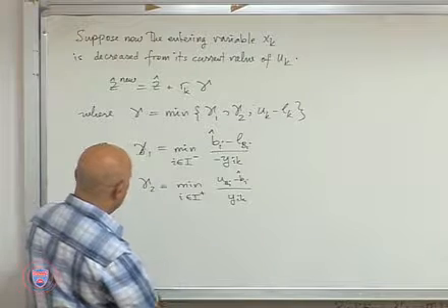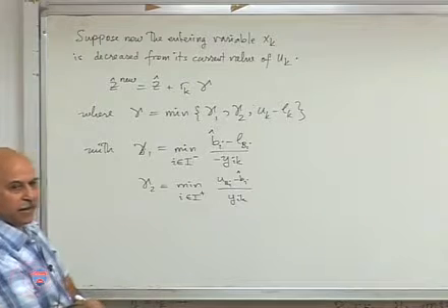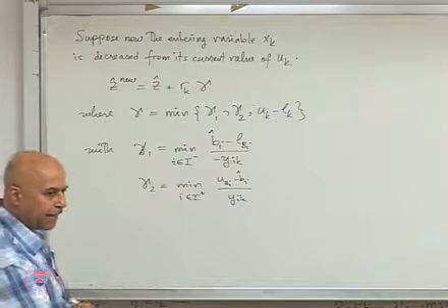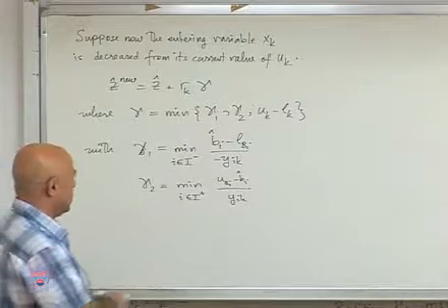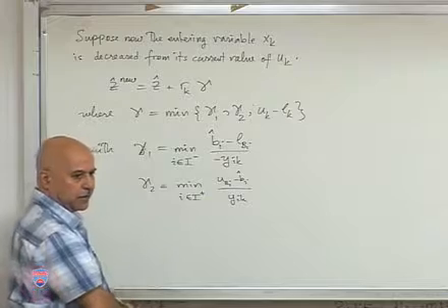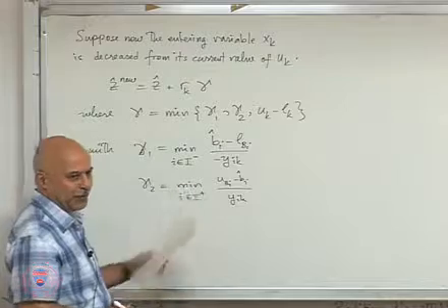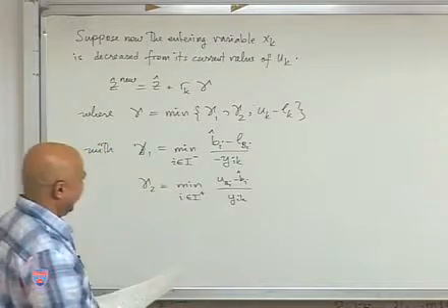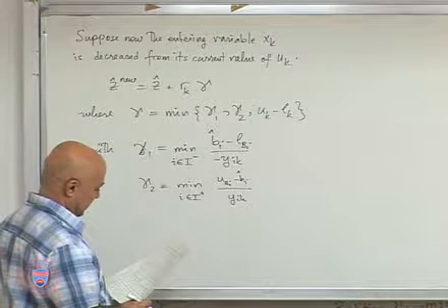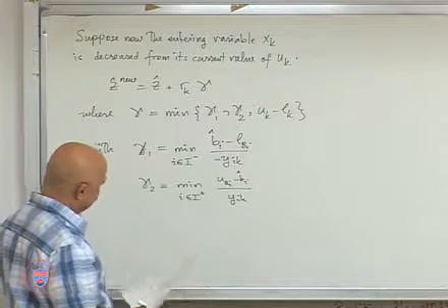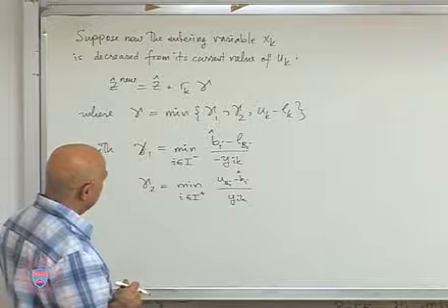Just a second. Yes, what is it? This is correct. This is plus in this case. Is that what you're asking? No, this is correct. At least that's what my notes say.